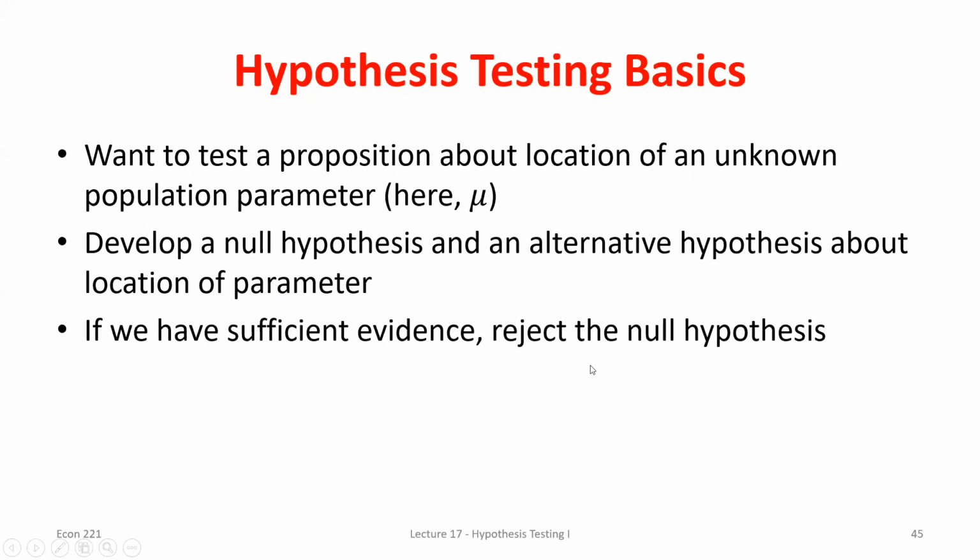Right? So if we develop this hypothesis about the population mean, maybe we'll do income and say, is the mean income $50,000? Well, if I go out and take a sample and I get a sample mean of 45,000, I don't automatically say, oh, there's no way the population mean can be 50,000, right?